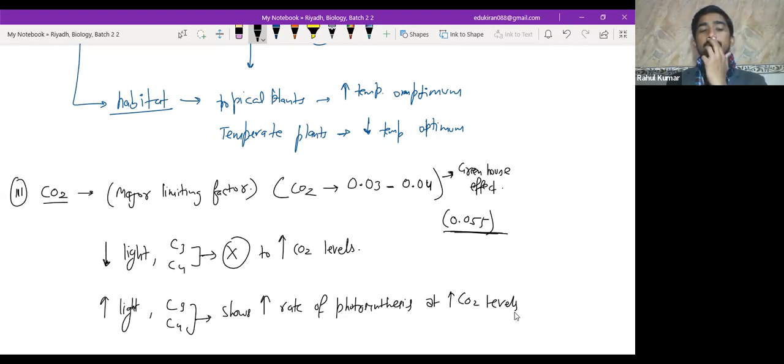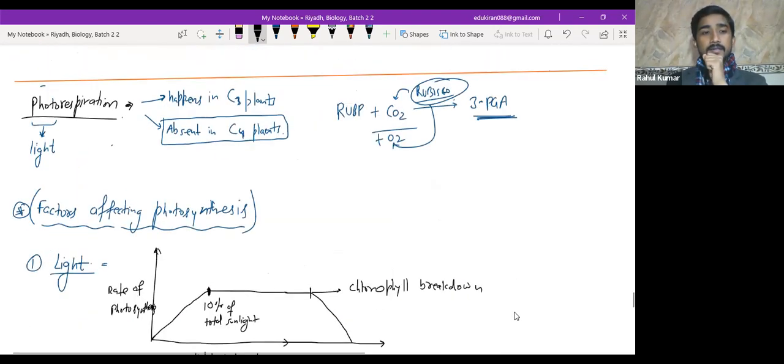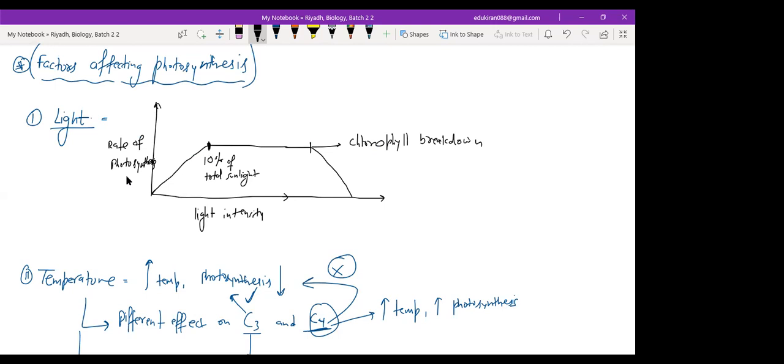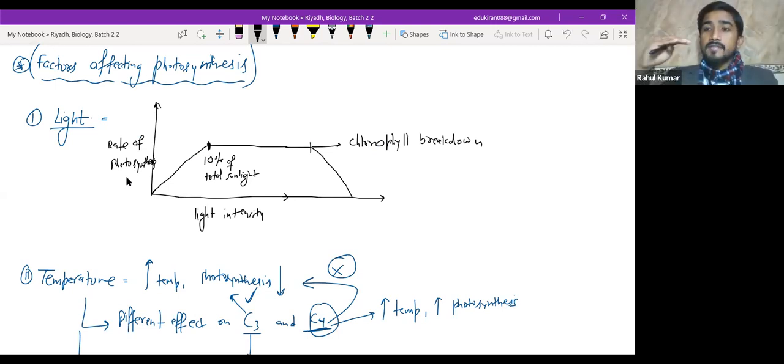Because what's happening at high light intensities? Basically, it should saturate, right? Because of intensity, the rate of photosynthesis is saturating. Are you with me, everyone? So if at high light intensities photosynthesis is not happening, then you have to push the photosynthesis.